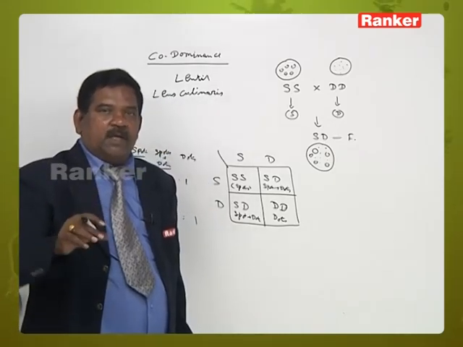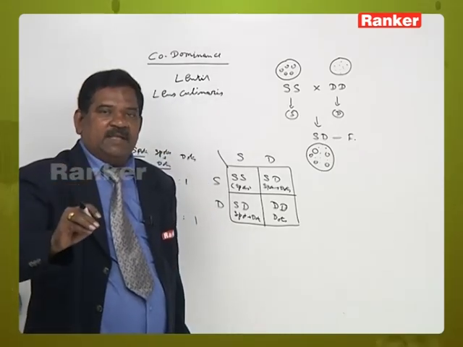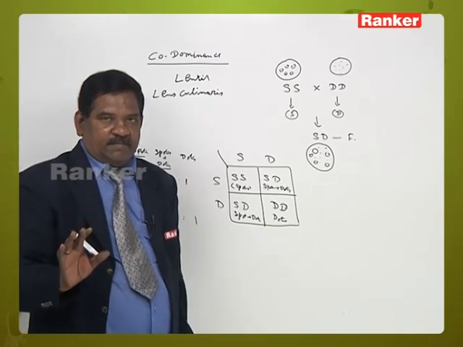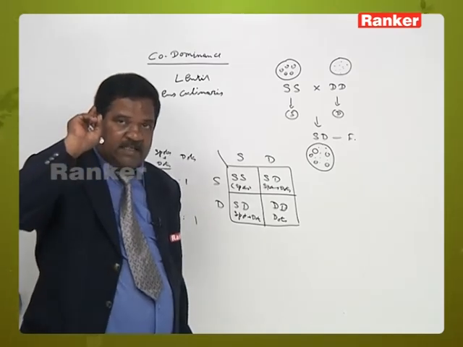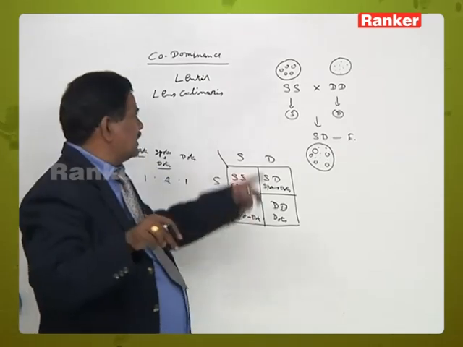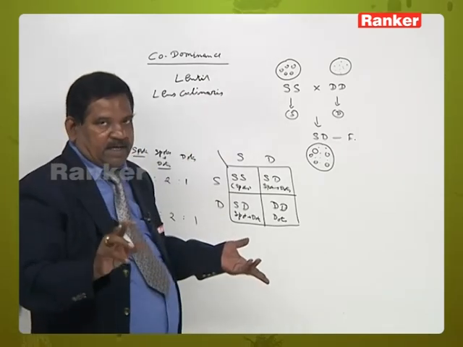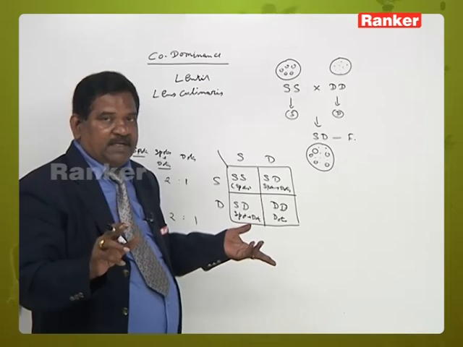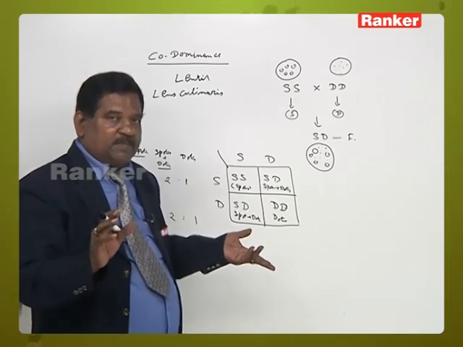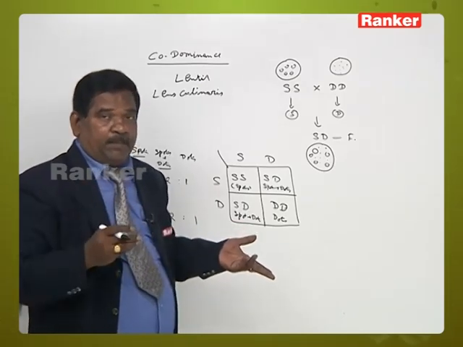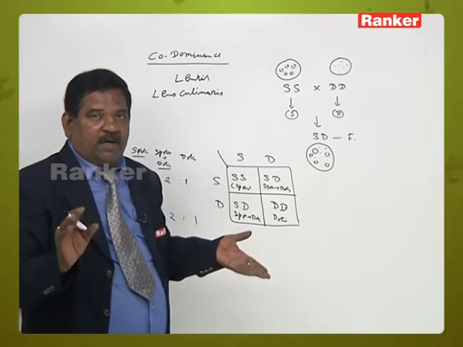In codominance, both parental characters are expressed in the F1 generation. No parental character is dominant in the first; both parental characters are dominant in the second. That is the main difference between incomplete dominance and codominance. Both come under the deviation from the Mendelian concept of dominance.